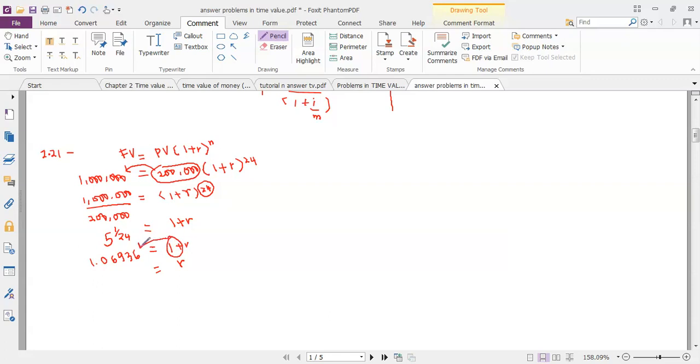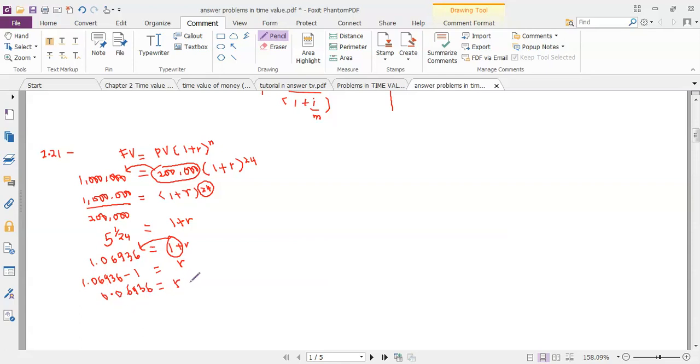So 1.06936 minus 1. So the R is 0.06936.